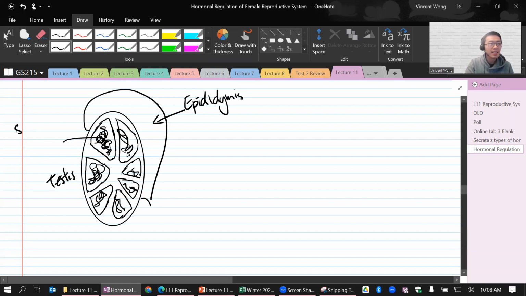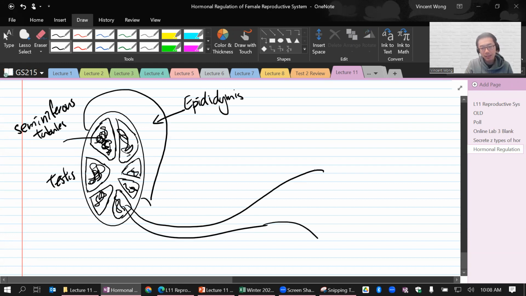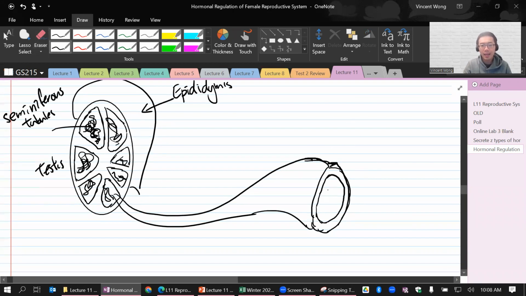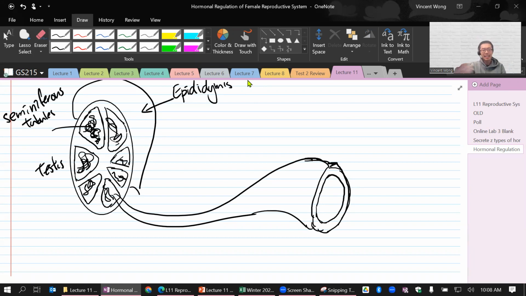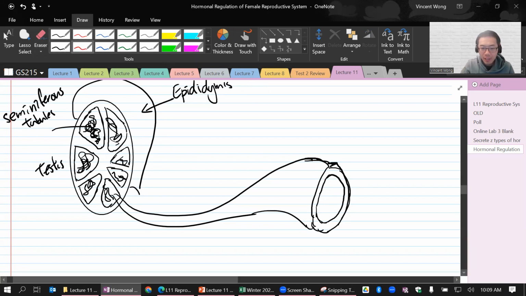Okay, so those are the seminiferous tubules. I'm gonna pull one of these things out, like that. So it's just a tube. And in the seminiferous tubules, you would have these germ cells that are kind of on the periphery.